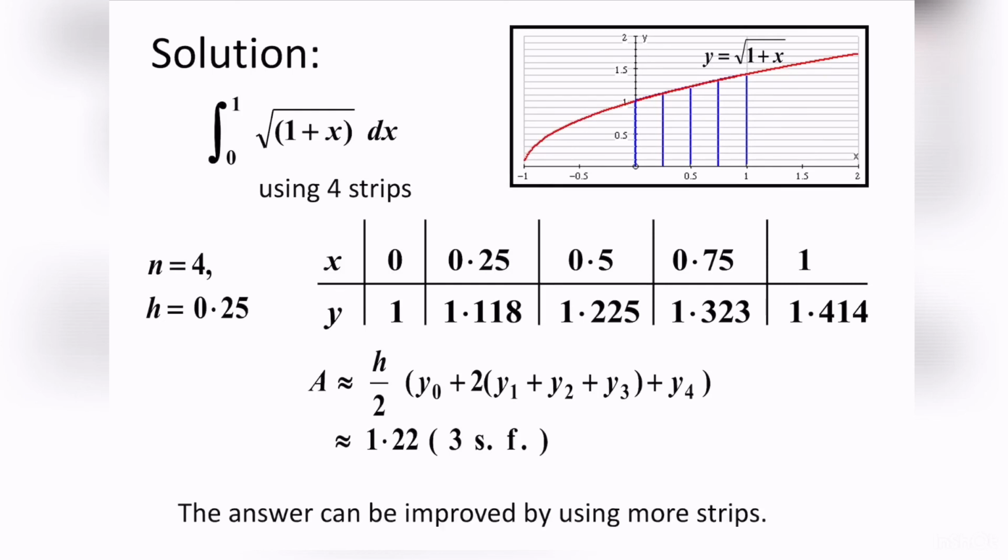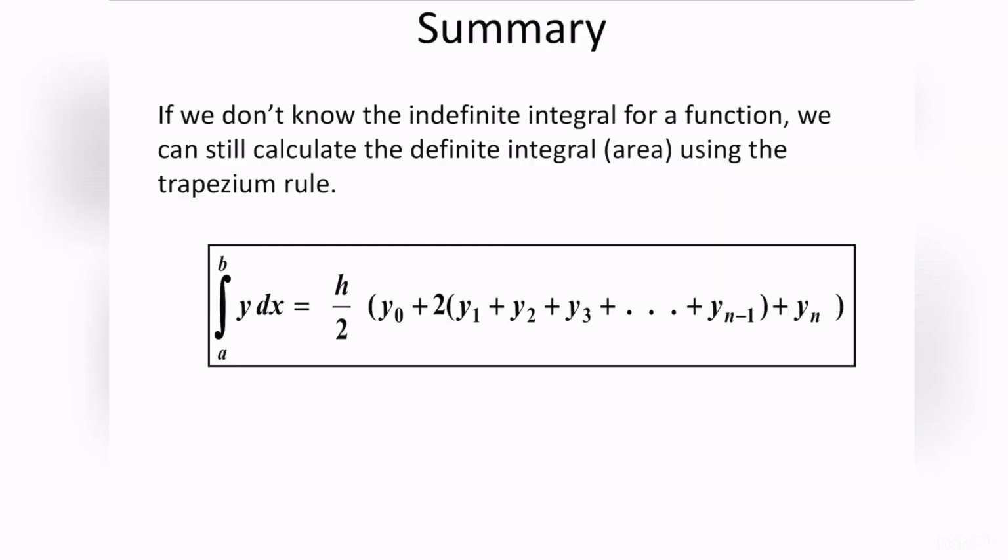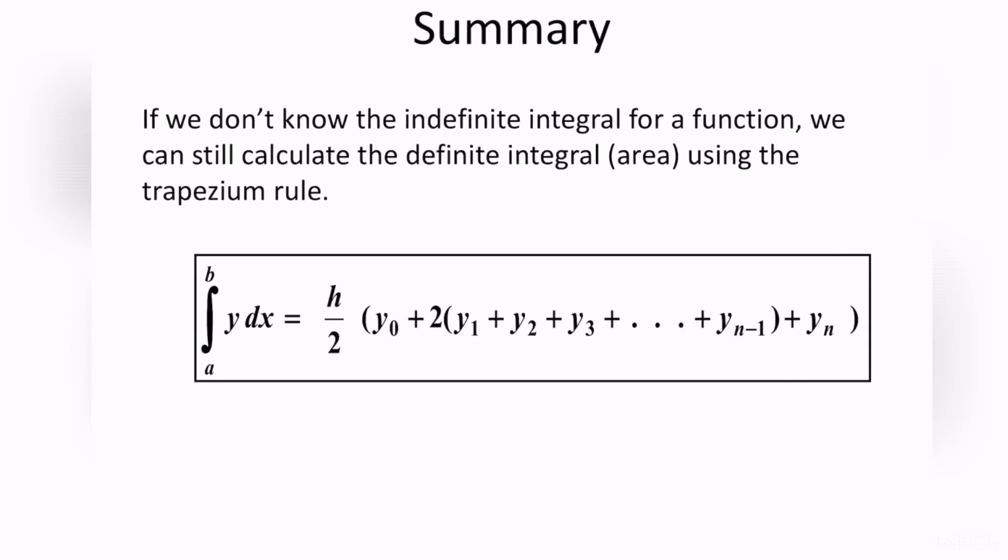So the answer can be improved by using more strips. Okay, so the summary here for the trapezium rule: if we don't know the indefinite integral for a function, we can still calculate the area under the curve using the trapezium rule, and this is the trapezium rule.